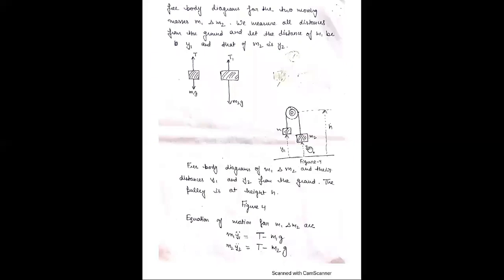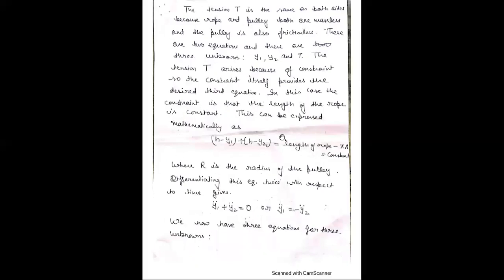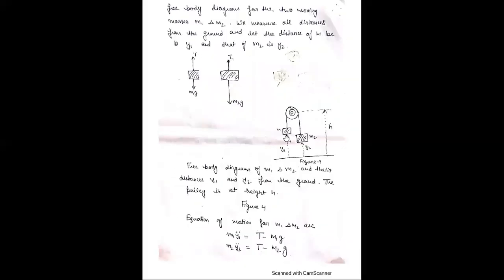Solving these equations, we get y1 double dot equal to (m2 minus m1) upon (m1 plus m2) times g, and y2 double dot equal to (m1 minus m2) upon (m1 plus m2) times g. Hence, if m2 is greater than m1, then m1 accelerates up and m2 goes down. If m1 is greater than m2, then m1 goes down and m2 goes up.